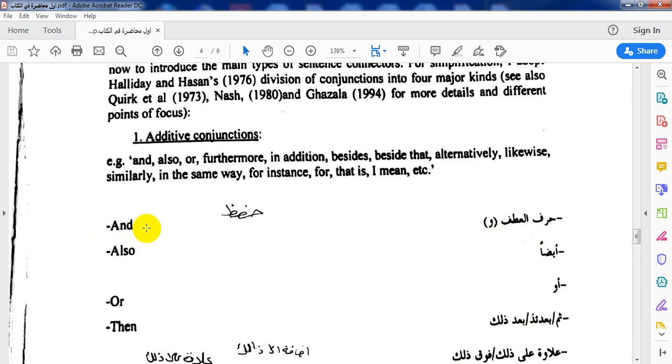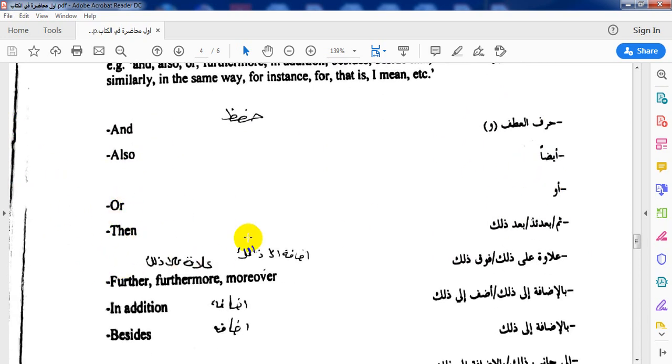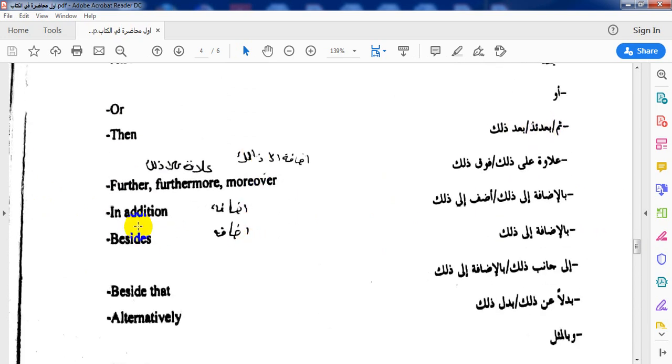So as you can see here, we have and, also, or, then, furthermore, moreover. They have the same meaning. In addition, besides. You see, we have actually similarity in translation. بالإضافة إلى ذلك.